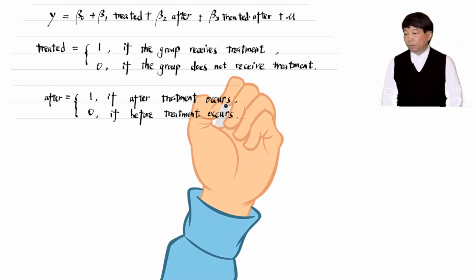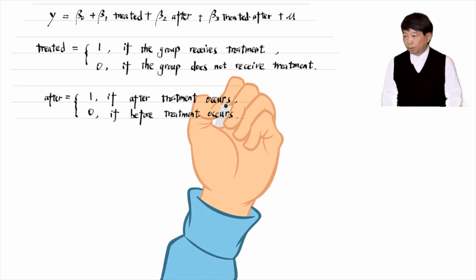Here is an example. In 1980, Kentucky passed a law that makes it less costly for injured high-income workers to remain on workers' compensation, but did not affect injured low-income workers. The dummy variable treated equals 1 for high-income workers and 0 for low-income workers.